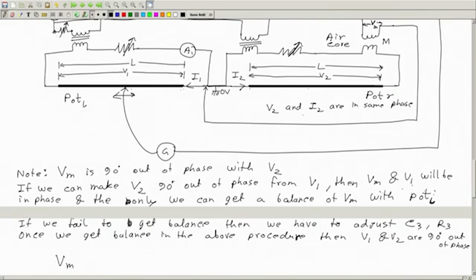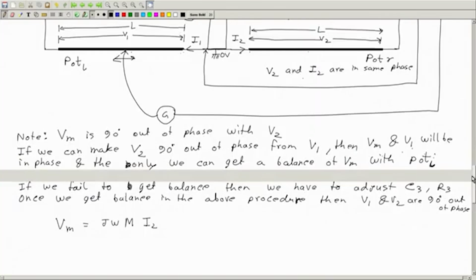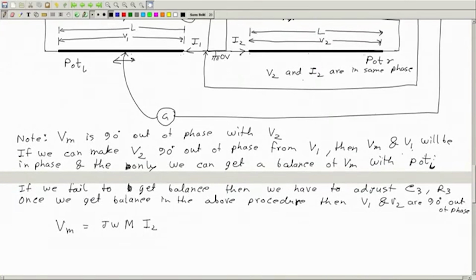Vm is equal to j omega m. Omega is known. If m is also known, we can write this j omega m multiplied by I2. Okay. And say we want this total voltage V2 to be equal to V1. So we want V2 equals V1 in magnitude.